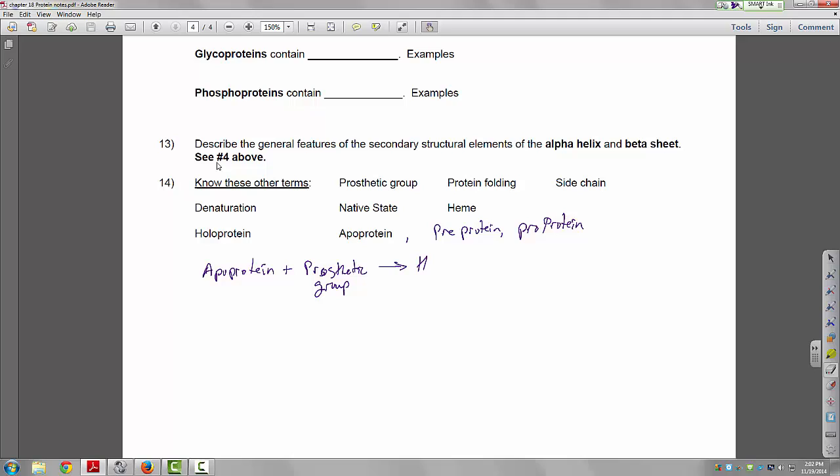This gives us the holoprotein. The example we used here was globin, those globin chains. Remember, we had two types. We had the alpha and beta globin chains. To that we will add the heme ring containing the iron ion as a cofactor.